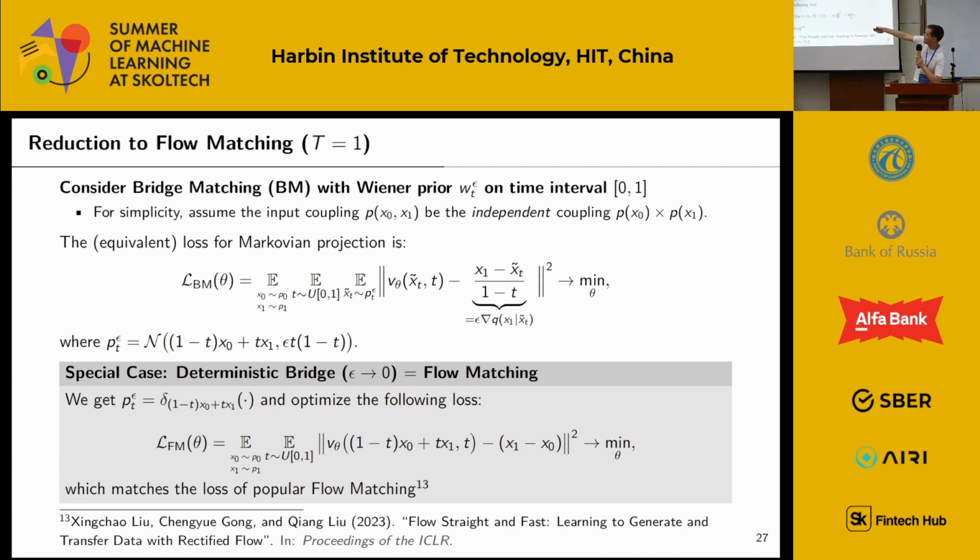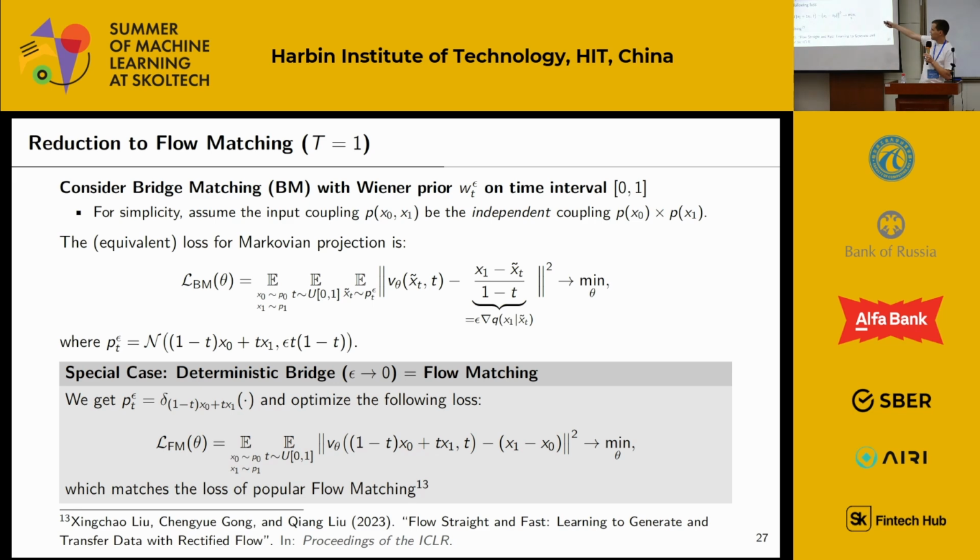And if we consider the limit of this loss, of this objective, when the variance of our prior Wiener process converges to 0, then this will actually lie on the same line which connects the points x0 and x1.